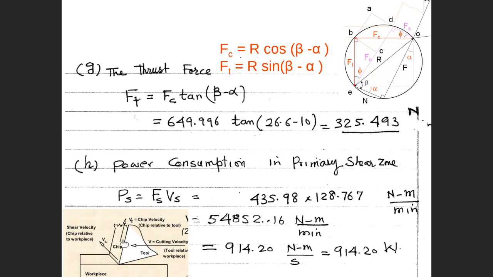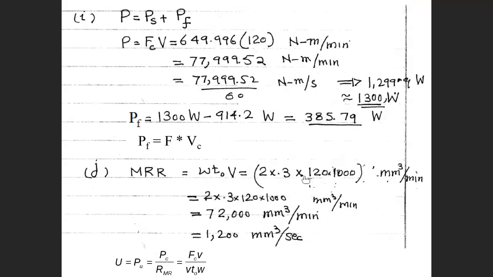The power to overcome the friction is Fc V in this direction. Or you can obtain the power as the shear power plus the friction power. Then power equals Fc V. We know Fc and V. Then you subtract the shear power from the total, and you get the friction power.